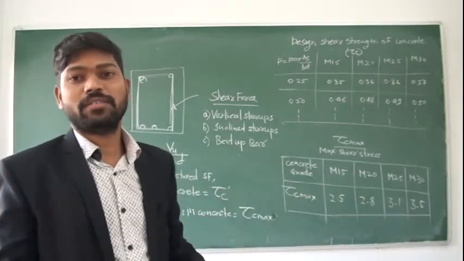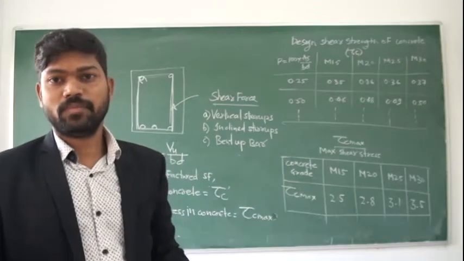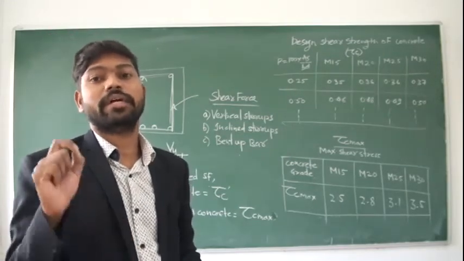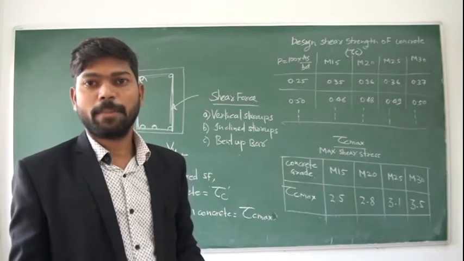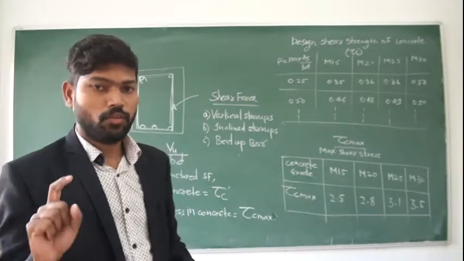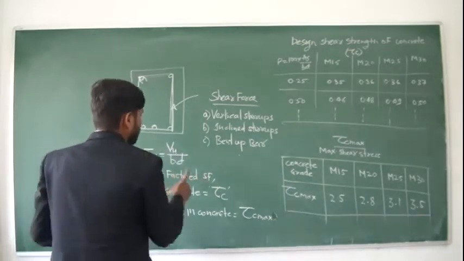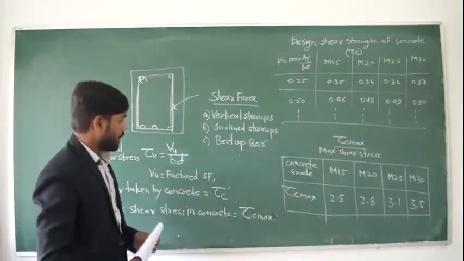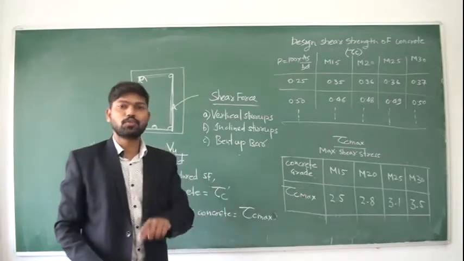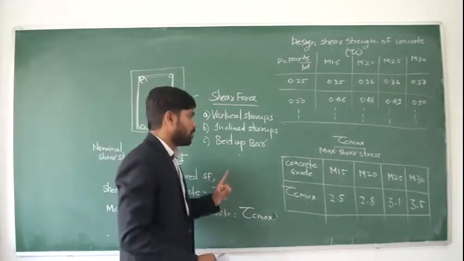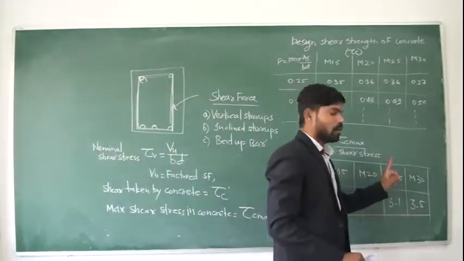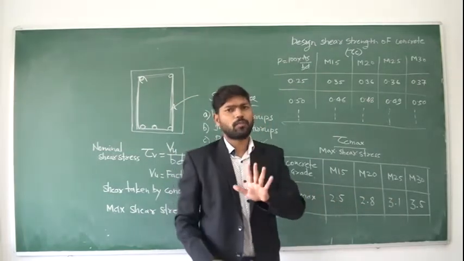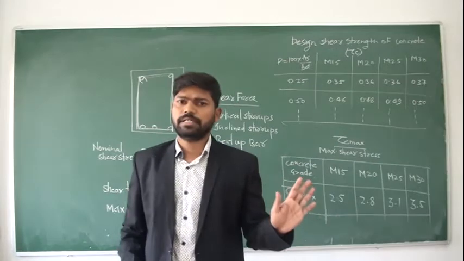You have to change the sizes of the beam, or you have to change the grade of concrete. No other option. Your tau v value should be less than tau c max. And these tau c max values are also given in IS 456 for different grades of concrete, and they depend only upon the grade of concrete, not reinforcement percentage.